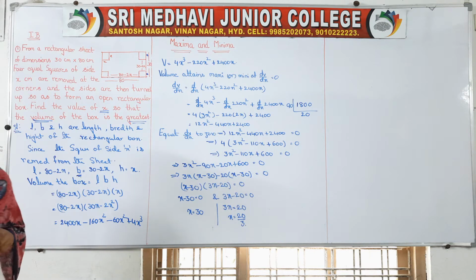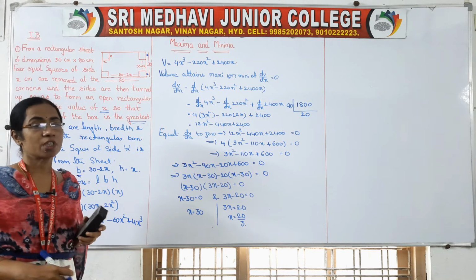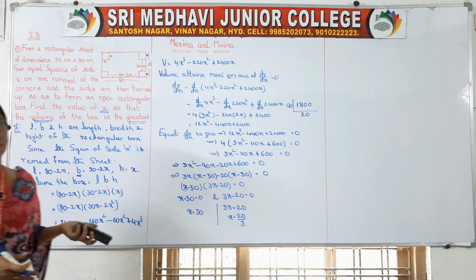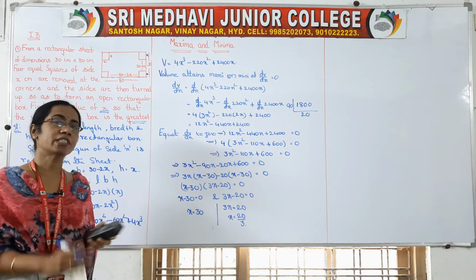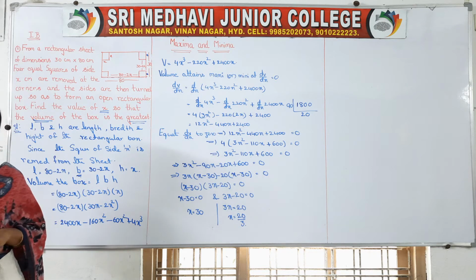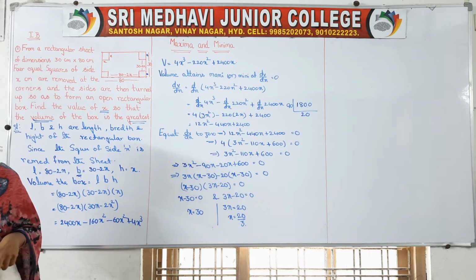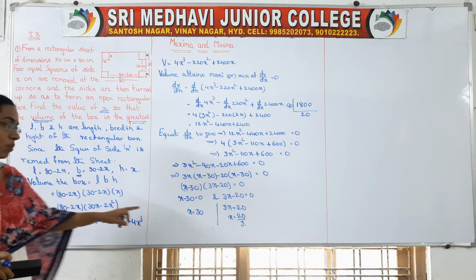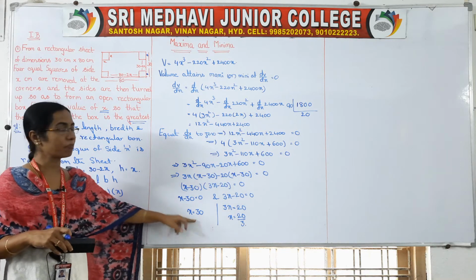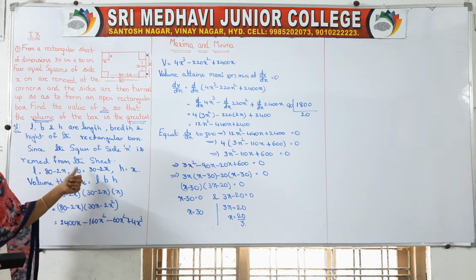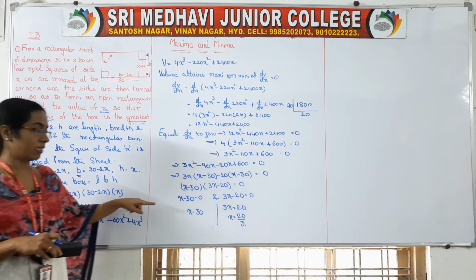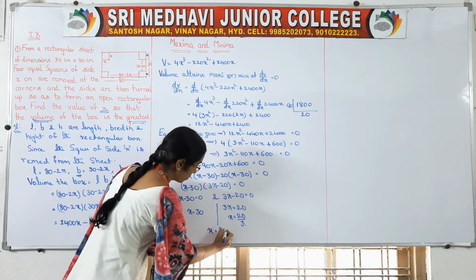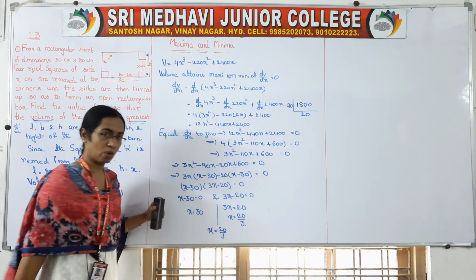We never say minus 5 kilometers or minus 7 kilometers; we just say I crossed a distance of 5 kilometers. Length, breadth, height must all be positive. So if we take x equal to 30, your breadth will be negative, so we can't take x equal to 30. We can take x equal to 20 by 3 only.